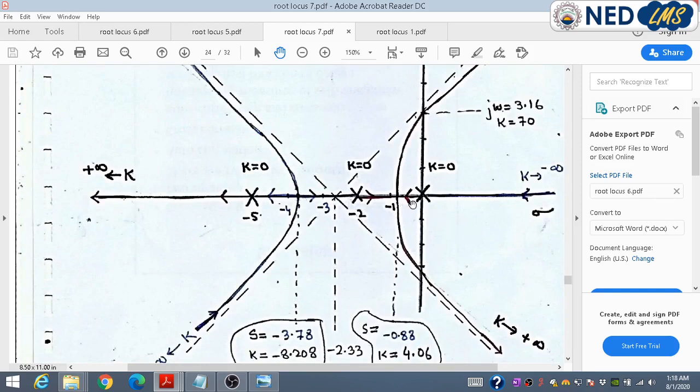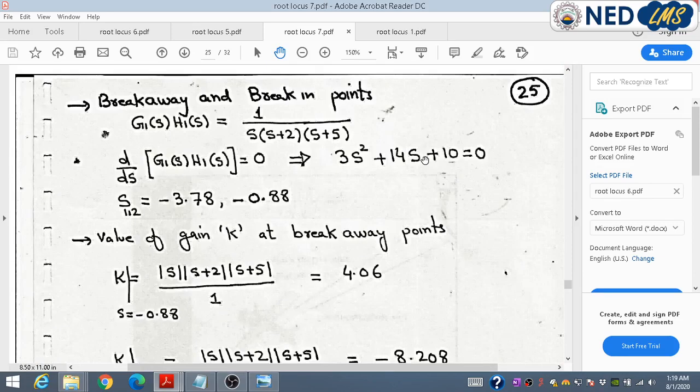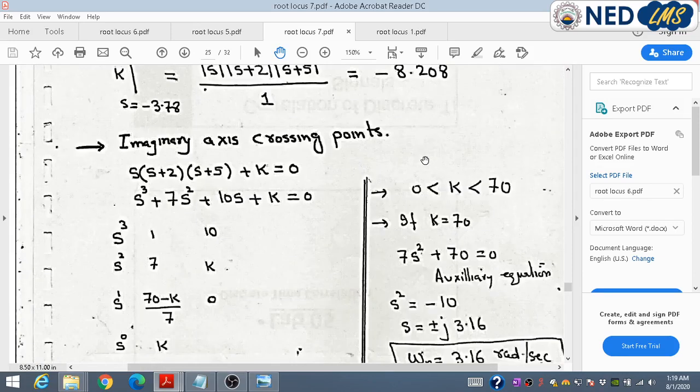Similarly, when these two branches move on the real axis, they meet at this point, and after they depart for their positive infinities, they must cross the imaginary axis, because the angle of asymptote also suggests that at higher values of s the root locus is asymptotic with respect to the asymptote. Therefore we have to find the imaginary axis crossing point, at what particular position the root locus will cross the imaginary axis.